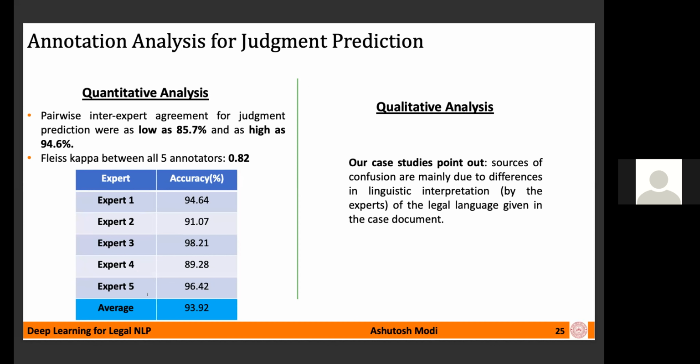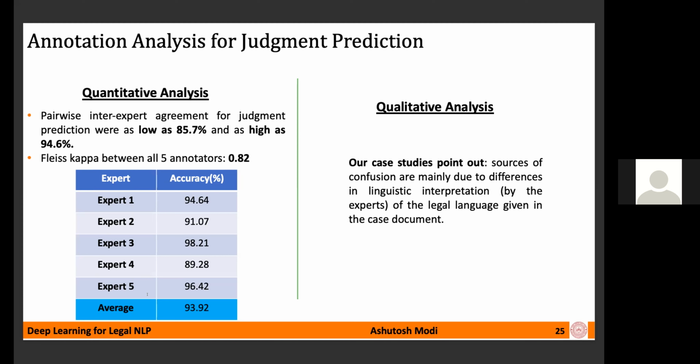For quantitative analysis, we calculated the accuracies of experts with respect to the gold labels, which are the actual judgments given by the judges, as you can see on the left. Note that though the decision predictions are close to 100%, none of them achieve a perfect score, right? They are in the 90s, but it's not 100%.